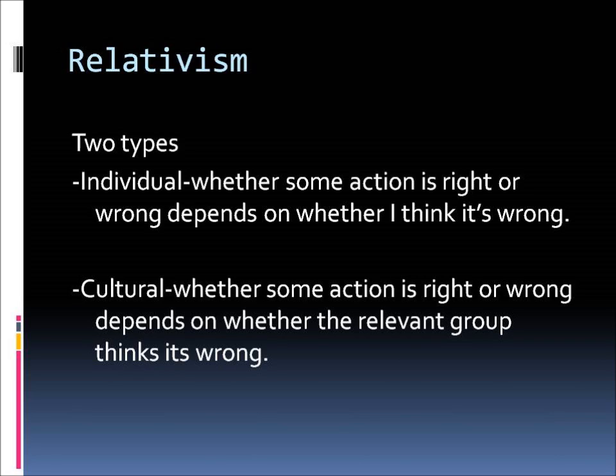So one concern with cultural relativism, now people tend to find this view more attractive than individual relativism, but a problem is that we intuitively think that some cultures are wrong. We think that they're making mistakes in their moral judgments. And there may be good explanations for those mistakes.